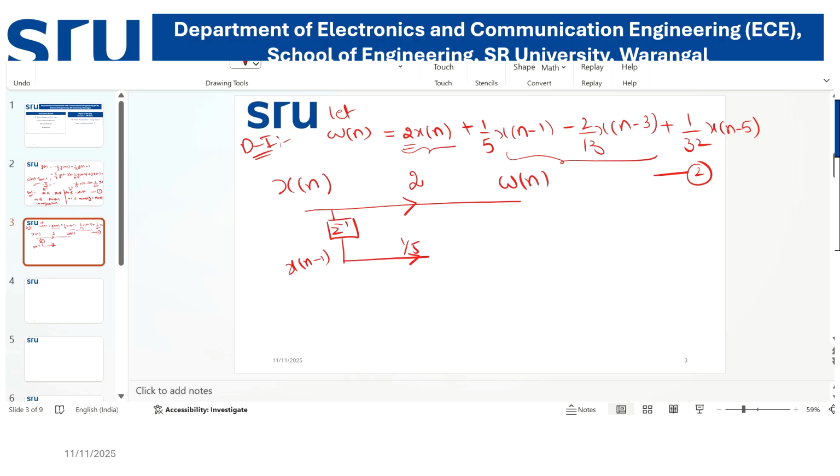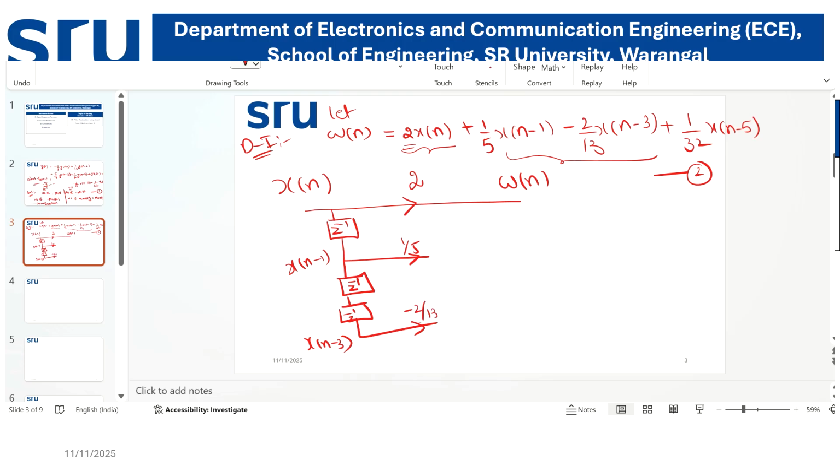Again, to generate x of n minus 3, this x of n minus 1, from the delay property, has to go through 2 delays. So you can write z power minus 1 in series with z power minus 1, or here itself we can make it z power minus 2. So 2 delay elements produce x of n minus 3. Now the coefficient for x of n minus 3 is minus 2 by 13.